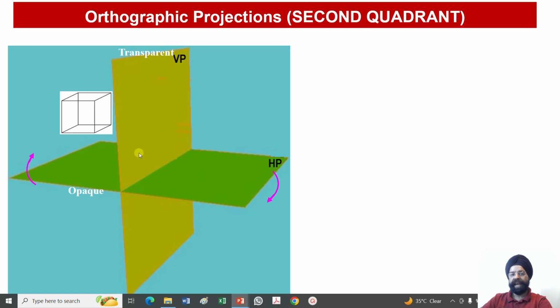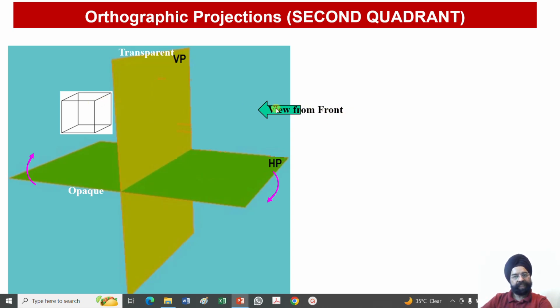If I treat this plane to be opaque and the observer is located over here, it would be just like the object lying across a wall. If the object is lying across the wall, you cannot see through what is happening across the wall. So we are assuming that this wall, or the reference plane, is a transparent plane. So my object will be viewed by the observer from this side always.